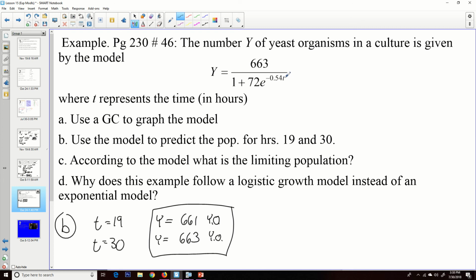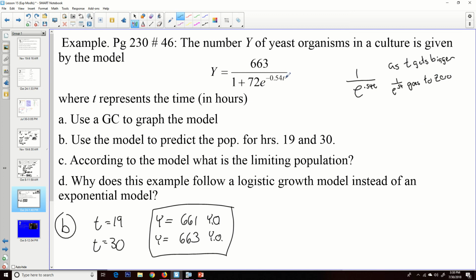Well, remember, as t gets bigger, I get 1 over e to the 0.54 t. So as t gets bigger, this thing goes to 0. 1 over e to the 0.54 t goes to 0.